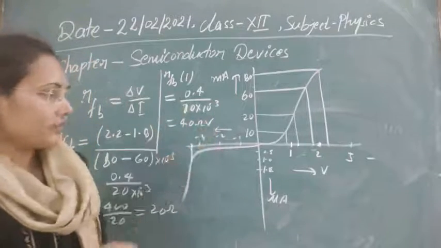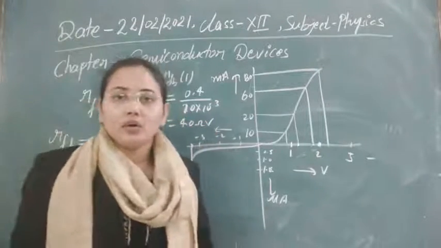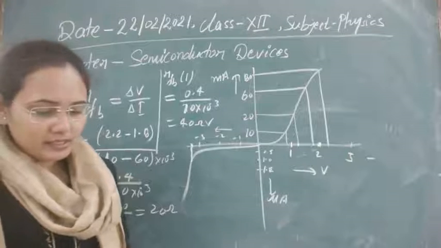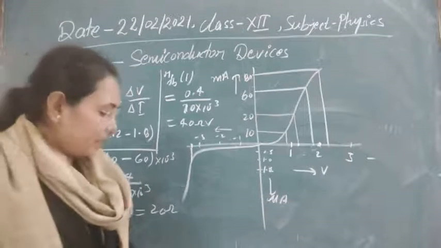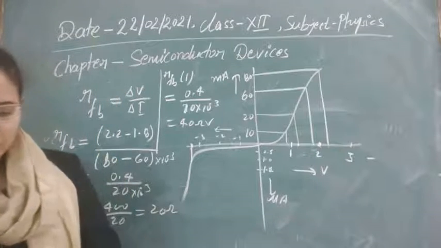That is how we calculate it in the case of forward biasing. Now we have to calculate the resistance in the case of reverse bias also, at minus 2 volt and at minus 1 volt.